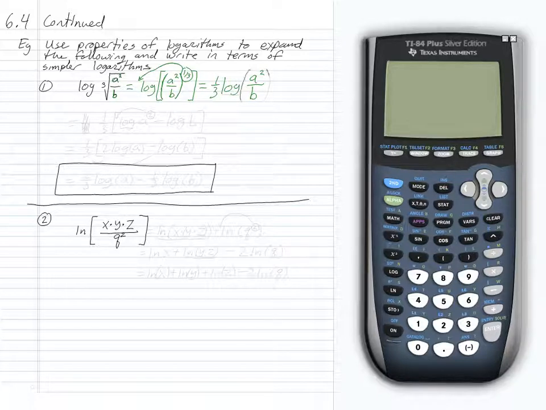Now I notice that I have the logarithm of a ratio. So I can break that up, and remember this 1/3 is multiplying this logarithm, so it will multiply the two logarithms that it turns into.